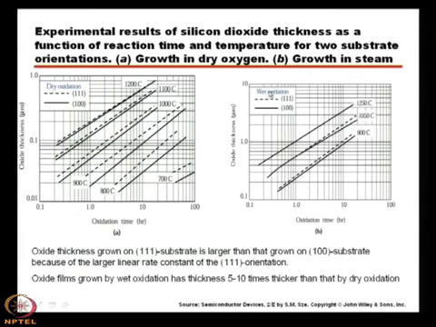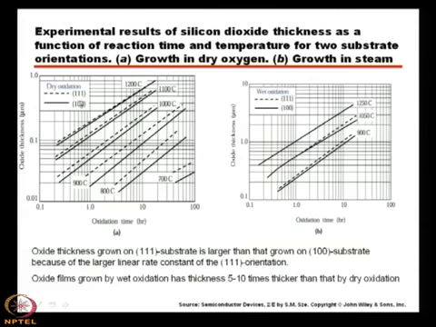of the substrate. This is when the growth of the SiO2 has taken place in steam or water vapor, and this is the growth of the oxide layers in dry oxygen. So, now what do we find? We find that the oxide thickness grown on the 111 substrate, these dotted curves, is larger than that grown on the 100 substrate, because of the larger linear rate constant of the 111 orientation that we have discussed earlier also.